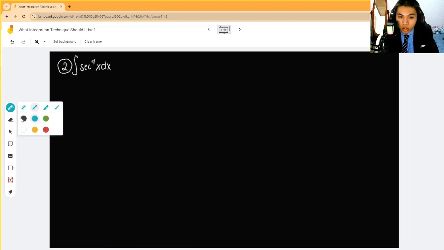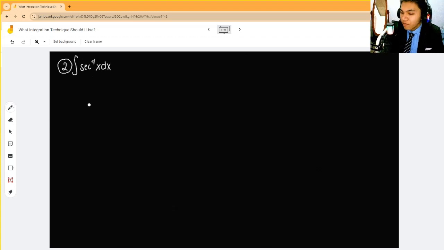Now we have the integral of secant to the 4th power x dx. Okay? To evaluate this integral, we have to rewrite it. Let's rewrite this in the form secant squared x times secant squared x.